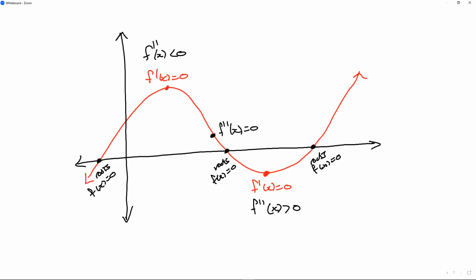So just looking at all the different parts, breaking down when f of x is equal to 0, when f dash x is equal to 0, and when the second derivative is equal to 0, greater than 0, or less than 0, we have that. This is your point of inflection.